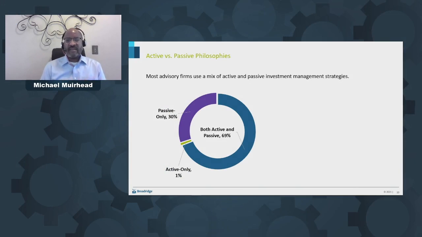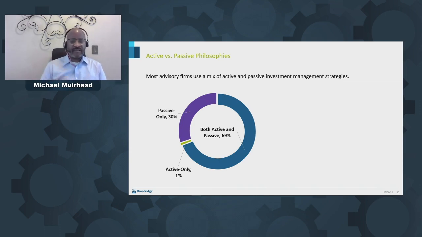Most of the practices that we looked at, roughly 70%, use both active and passive. We do have some international advisory practices that we look at as part of our assessment process.